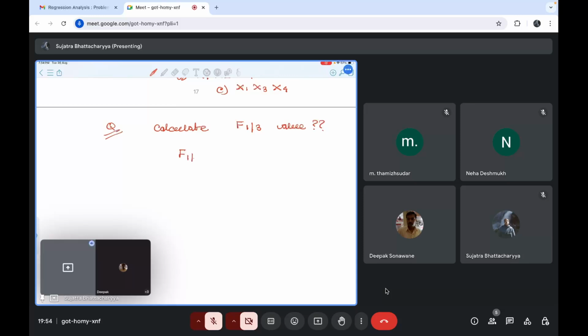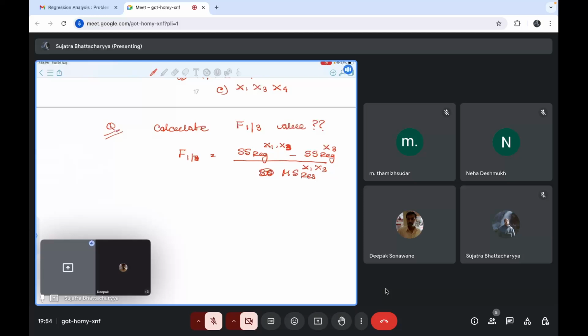So if 1 given 3, or anything, 1 given 4, whatever, is given as SS regression of x1 comma x3 minus SS regression of x3, divided by MS residual of x1, x3.